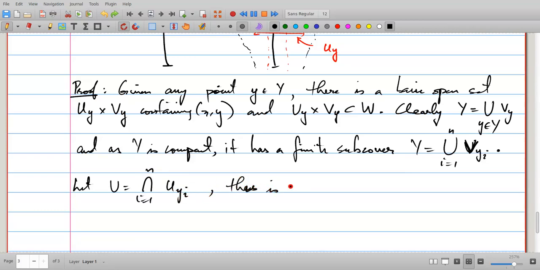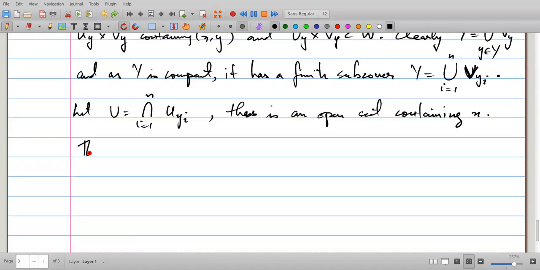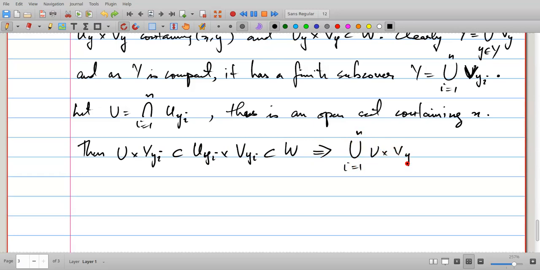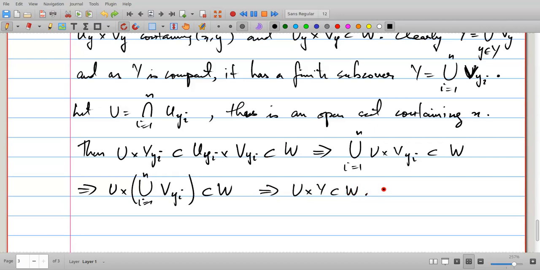This is an open set containing x. Then U cross Vyi is contained in Uyi cross Vyi, which is contained in W, which means when we take the union, U cross Vyi is contained in W. But this implies U times the union is contained in W, but this union is just Y. So this proves it.